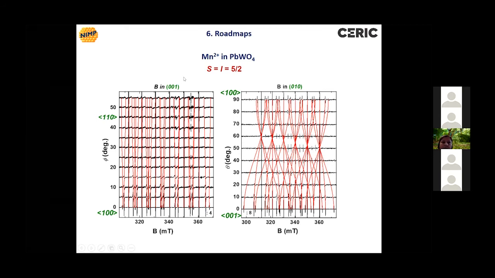It is a tetragonal system, so it has the tetragonal axis C or 0, 0, 1. And this is a roadmap measured in the plane perpendicular to the tetragonal axis, and you see that the variation is very small.